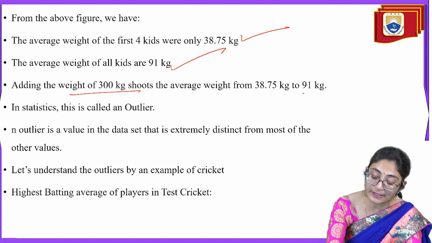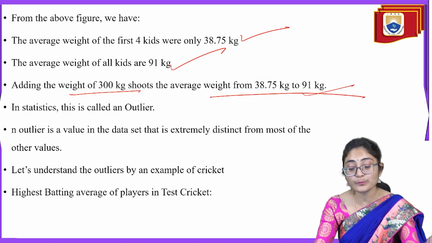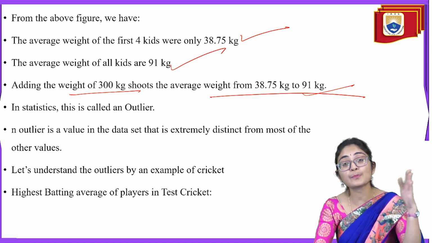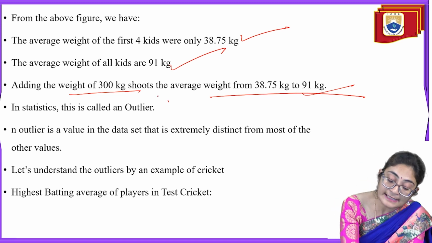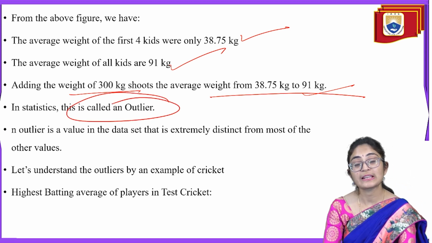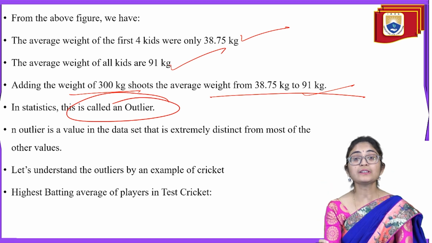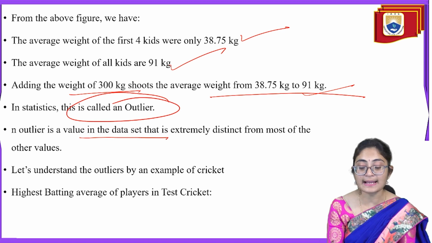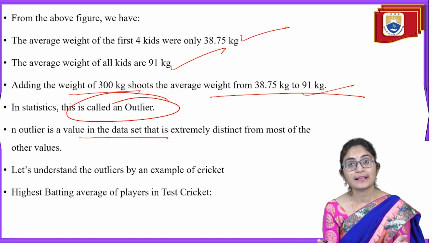So your average weight is totally changing, from 38.75 to 91 kg, and in statistics that is called an outlier. An outlier is a value in the data set that is extremely distinct from most of the other values.